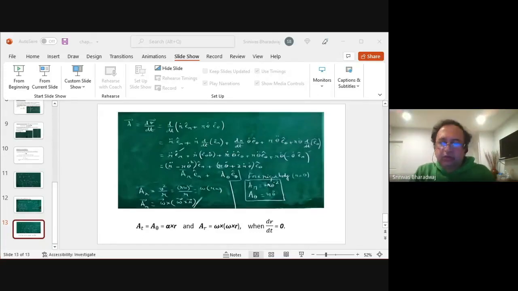So you have two components. AR is equal to v squared by r. That is omega cross v. We said v equals omega cross r, and AR equals omega cross v. And then we have AT, which is alpha cross r.